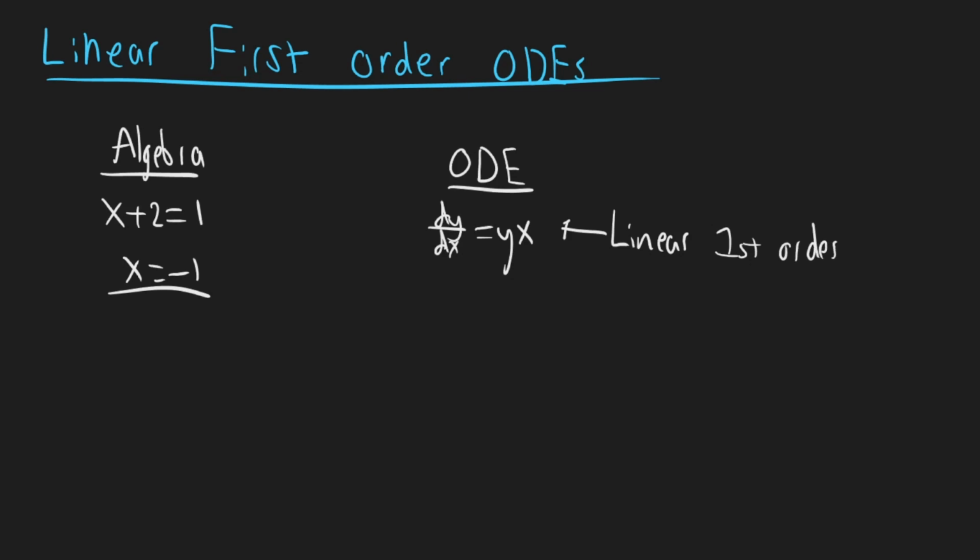If we had, for example, d cubed y dx cubed equals y cubed x, just a random example, this would be non-linear because y now has a cube, and not only that, but we're taking the third derivative, so this is actually third order.